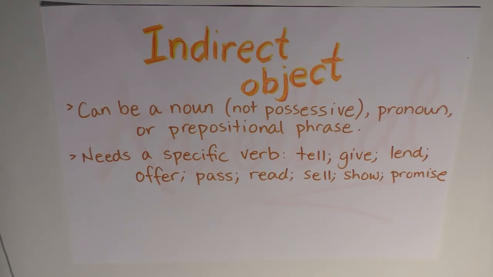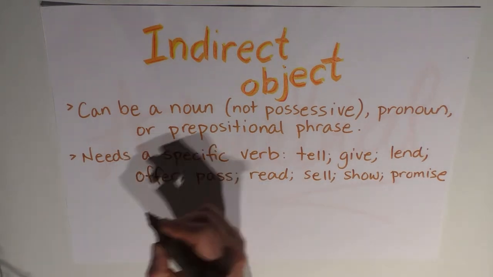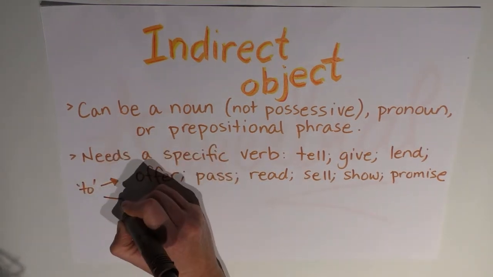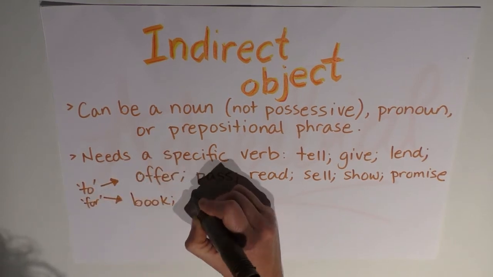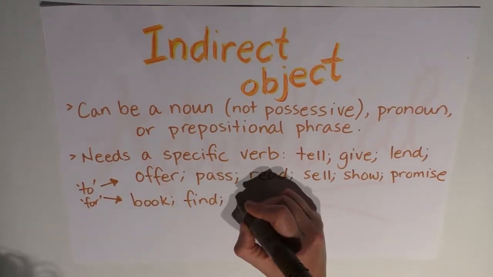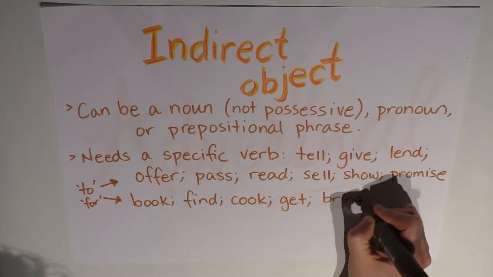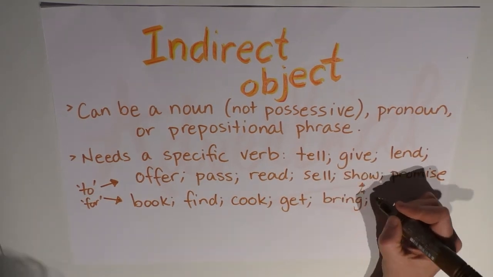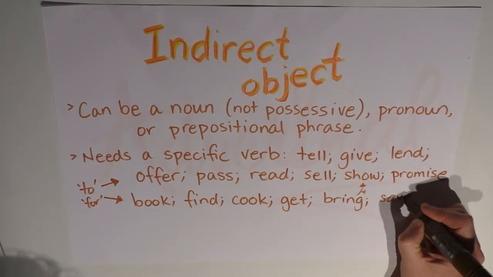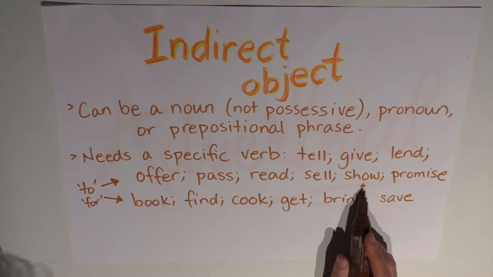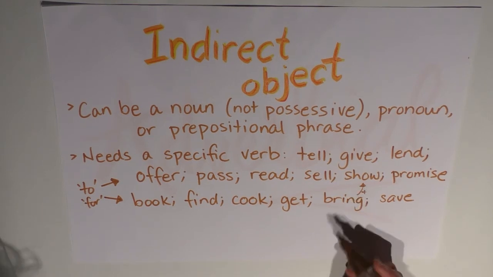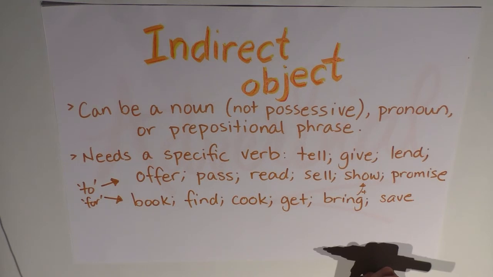So we'll write a couple more of those here. You'll notice here that I've placed a small little arrow up to the to for bring, because you can bring something for someone, you can also bring something to someone. So that can be either, and some of them can be either.